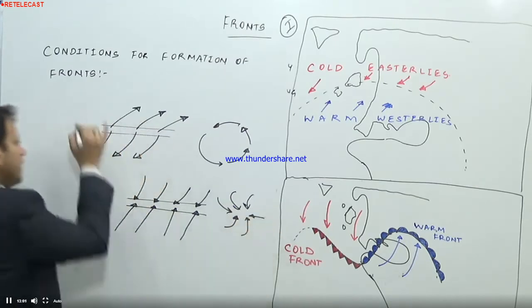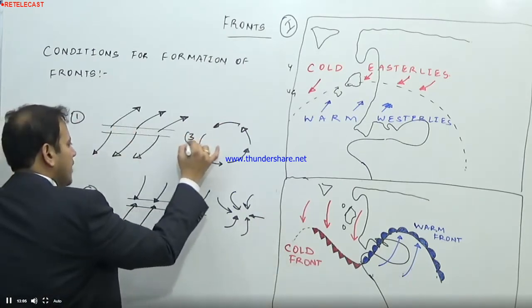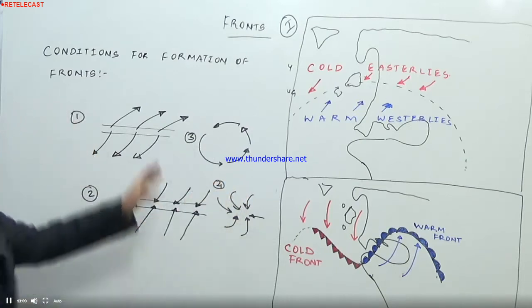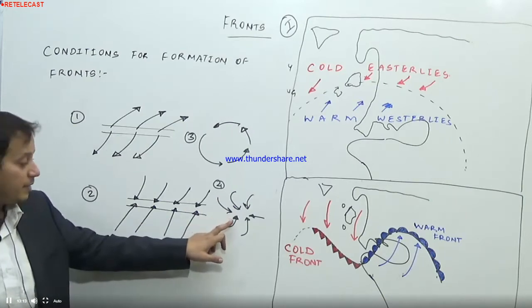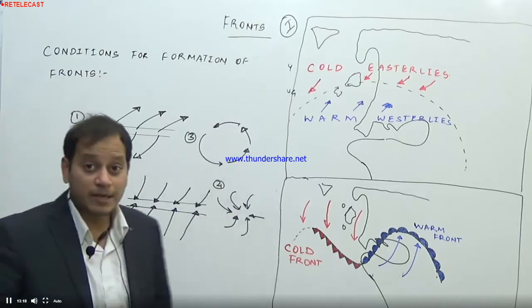So there can be many different ways in which the winds will blow. They can diverge, they can converge, they can come in a circulatory manner like a cyclone, or they can go in a circulatory manner.